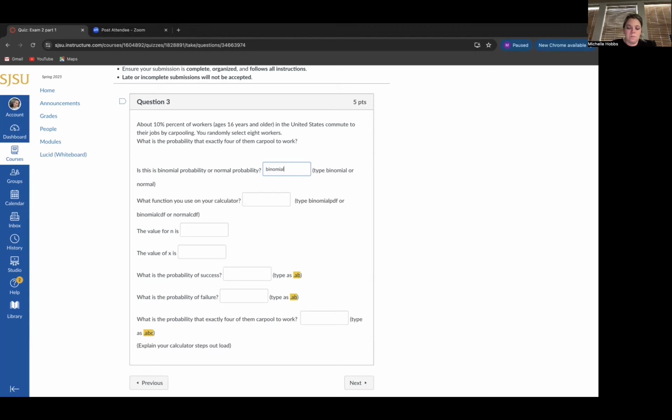This is a binomial problem and 8 workers, 4 of them, 4 out of 8 randomly selected. Let's see.